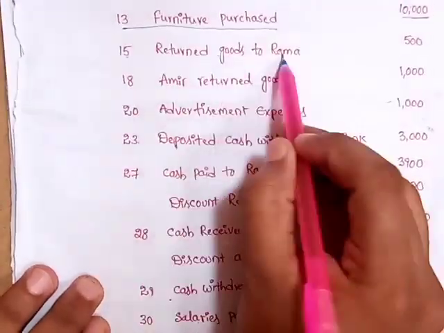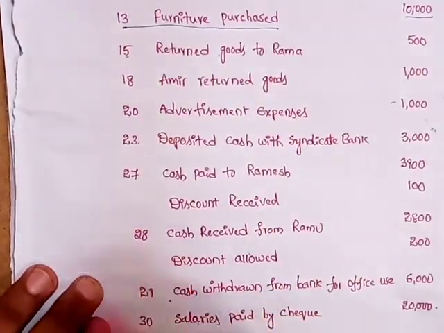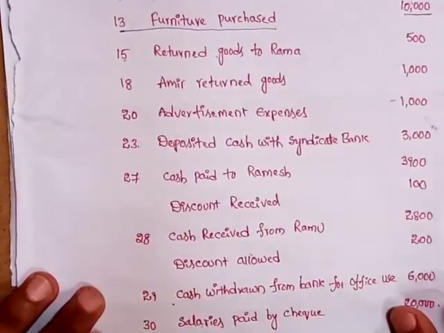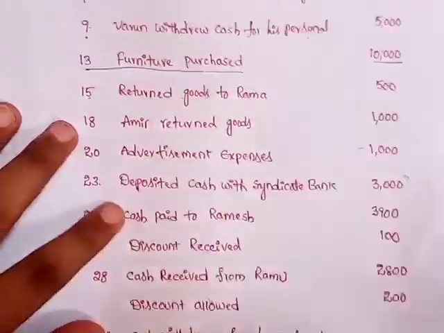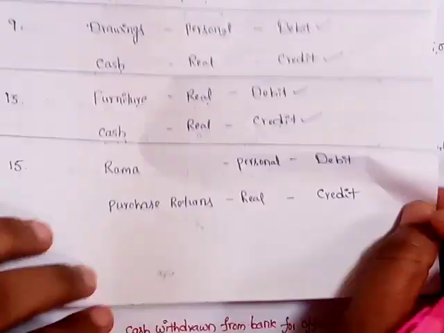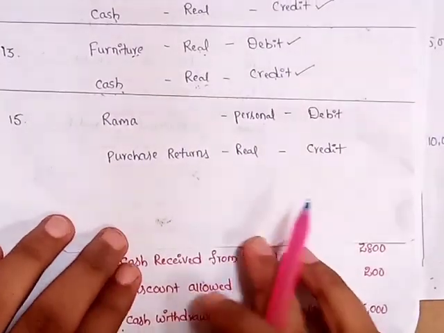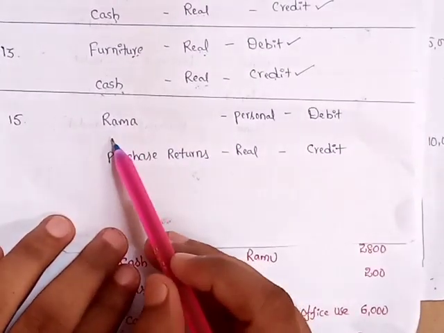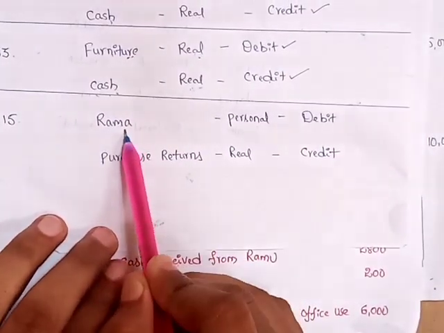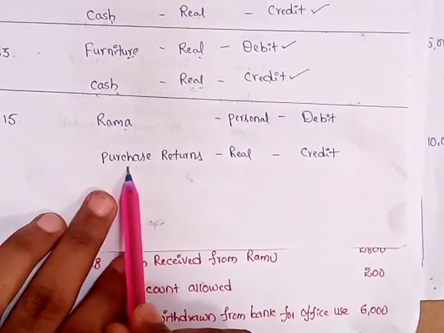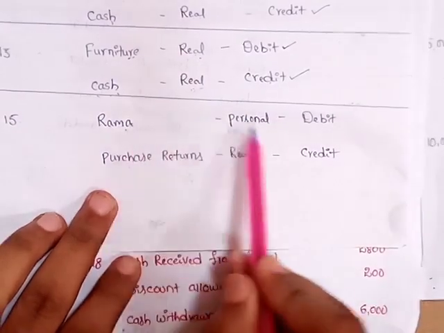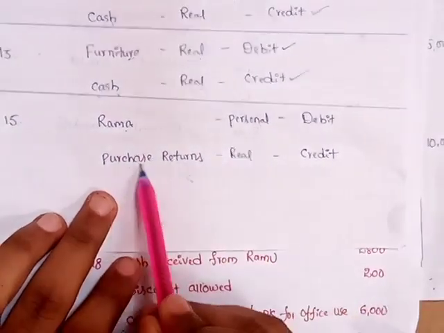returned goods to Rama 500. So in this transaction, two aspects are involved. One is Rama, second one is purchase returns. So Rama is a person, that's why personal account, and purchase returns.